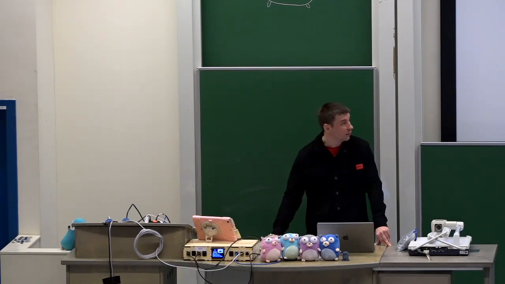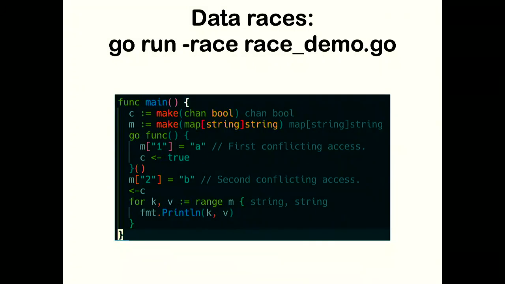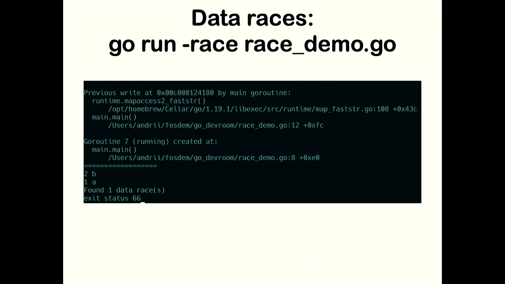So I highly recommend running your CI pipeline with the dash race flag, especially for tests. Always run with this flag, and it will print whether there are data races or not. Dash race can't always find all data races. Some common ones, yes, but sometimes no. But I highly recommend adding it to your project, so never skip it.